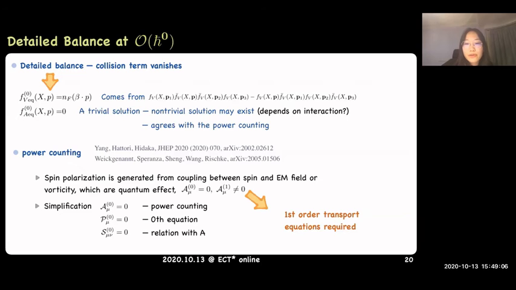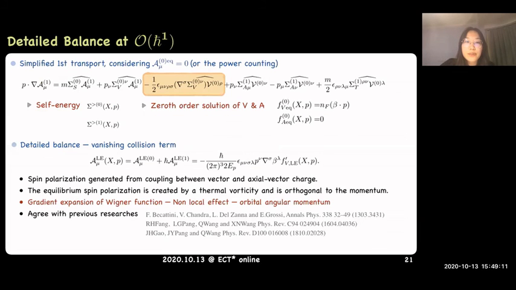So the first order transport equation is required, but with vanishing classical axial charge current, the first order transport equation is greatly simplified, and the term in the orange box would generate spin polarization from the thermal vorticity even in the initially non-polarized system.